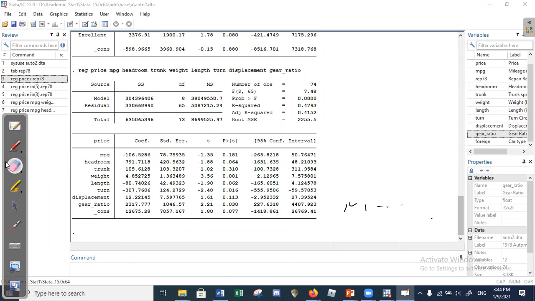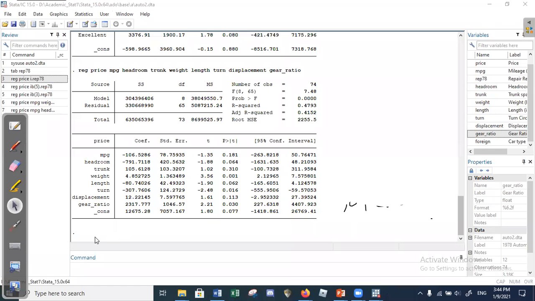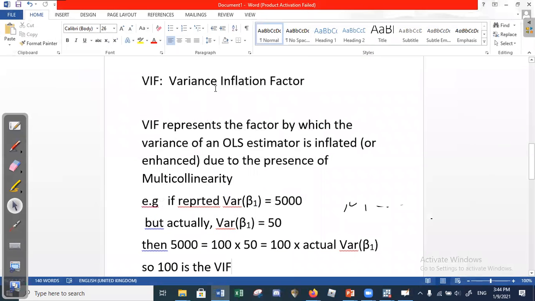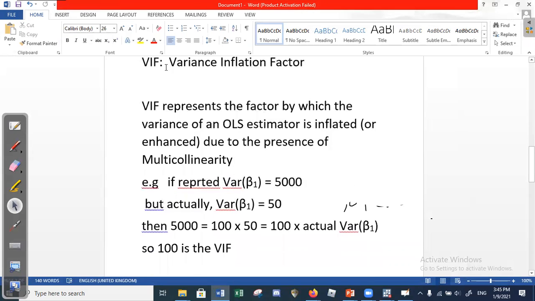There are various approaches used for checking multicollinearity, but one approach is what we call the VIF approach, the variance inflation factor. We determine the VIF associated with the OLS estimator of every explanatory variable. What is VIF, which stands for variance inflation factor?